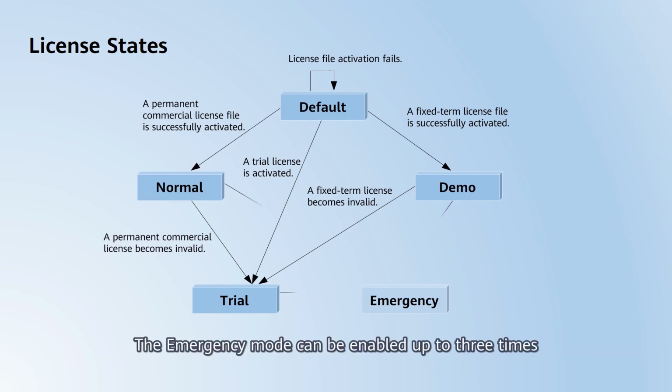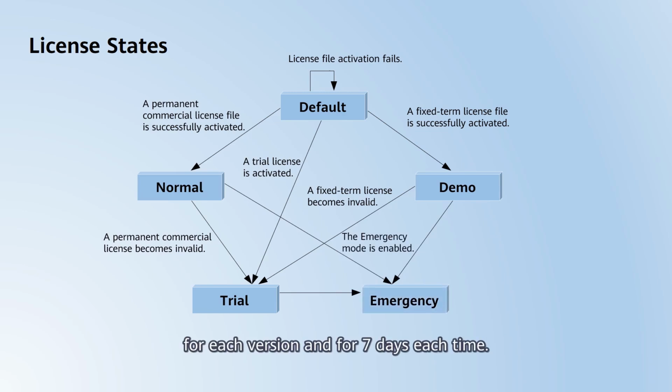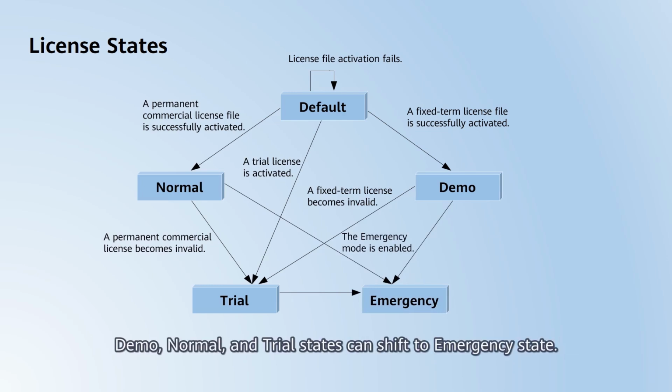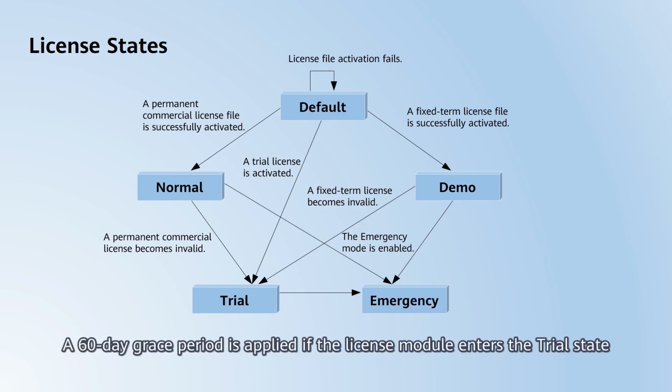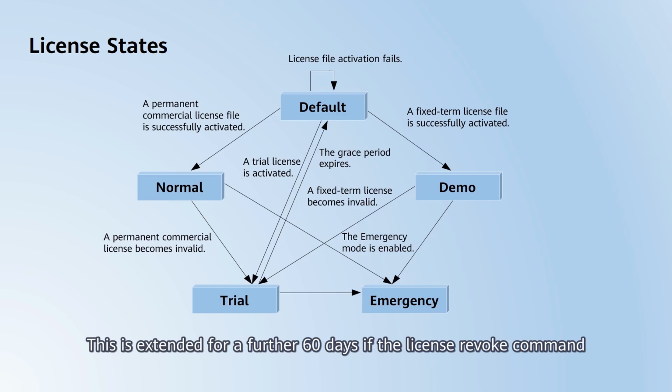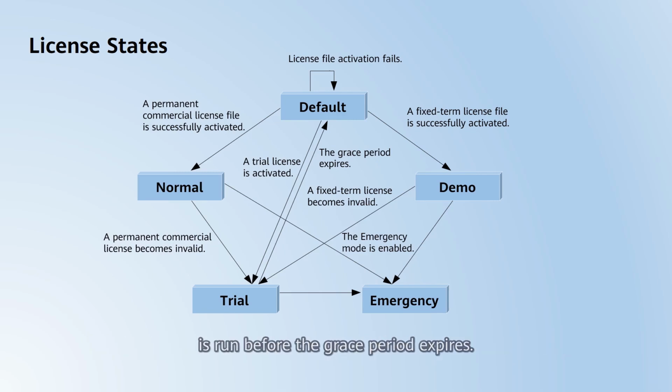The emergency mode can be enabled up to 3 times for each version and for 7 days each time. It is typically used for major natural disasters or other emergencies. Demo, normal, and trial states can shift to emergency state. A 60-day grace period is applied if the license module enters the trial state from the demo state. This is extended for a further 60 days if the license revoke command is run before the grace period expires.